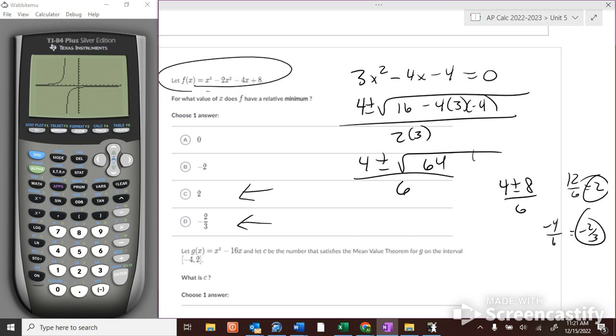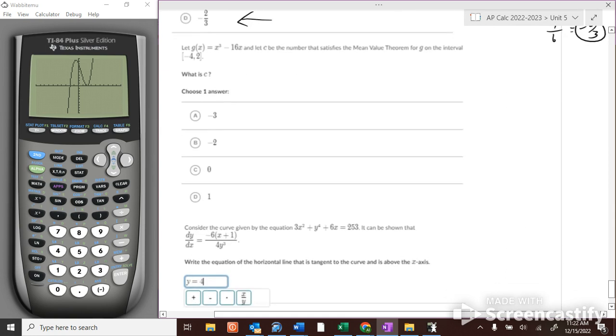We could stick them into the function, or you could just cheat, go on the graphing calculator. So at 2, there's a relative minimum. At negative 2/3 right here, it's a relative maximum. Okay, so 2 would be a relative minimum.